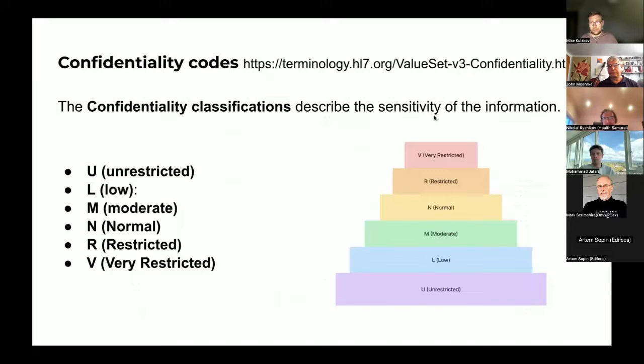Quite easy and understandable. What's good is that core FHIR brings confidentiality codes. This is just a classification that contains 6 codes, from very restricted to unrestricted, hierarchical, meaning that if a user has access to very restricted information, he or she will by default have access to less sensitive and confidential information.